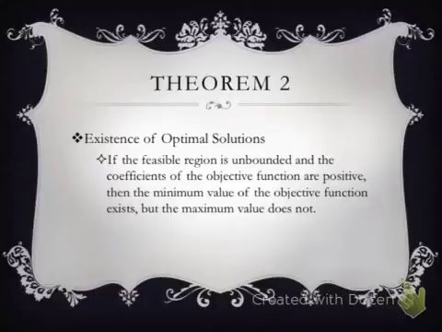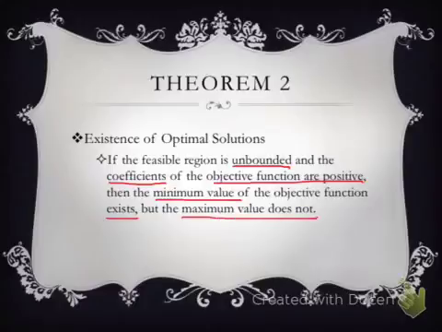Okay, second point, if the feasible region is unbounded and the coefficients of the objective function are positive, then the minimum value will exist, but the maximum will not. We've seen some examples of that where we might have our graph and we'll have maybe a couple lines that go like this, but this is the part that is shaded.